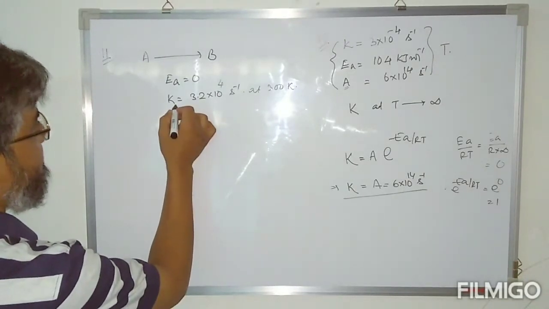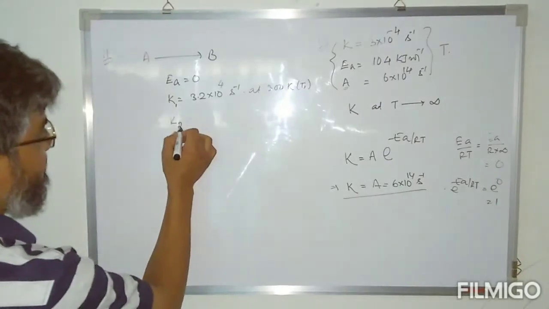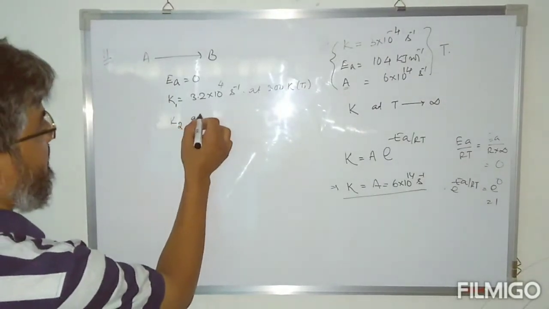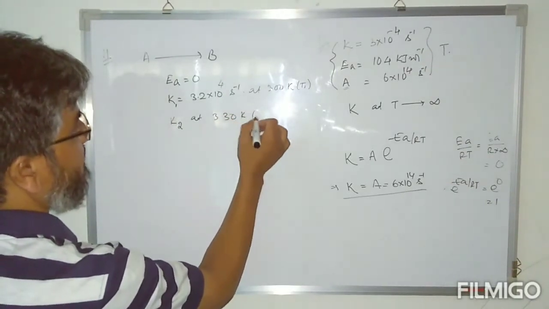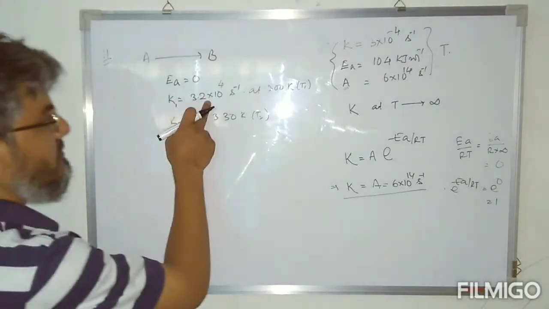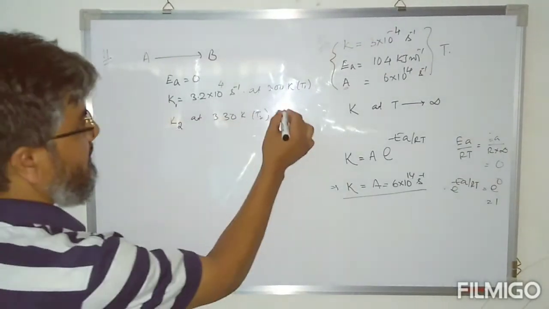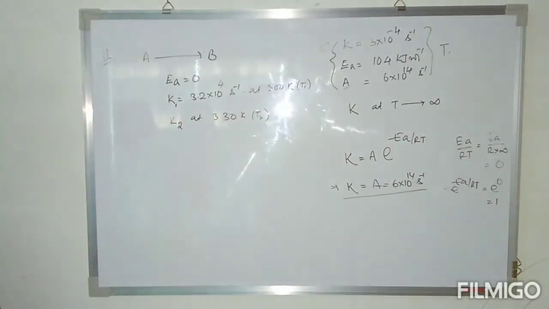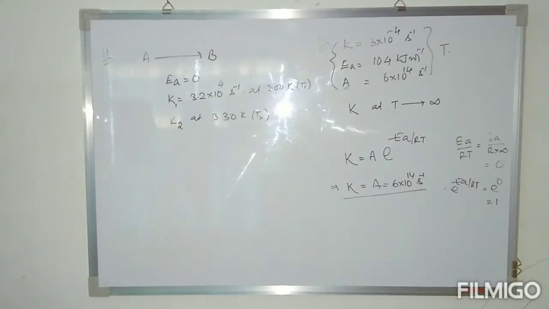Suppose this is K1 at T1, which is 300 Kelvin. Now we have to find the value of rate constant K2 at temperature T2, which is given as 330 Kelvin, and for this reaction the activation energy is 0.